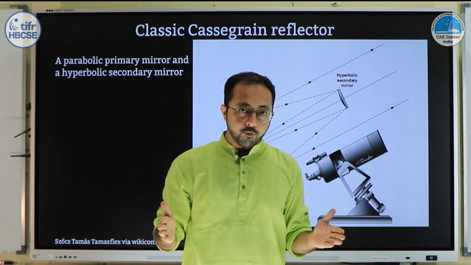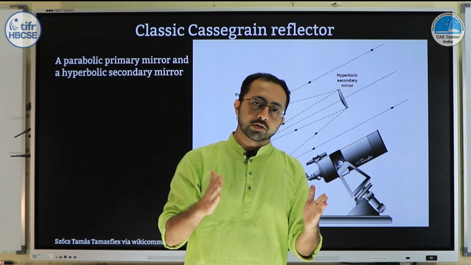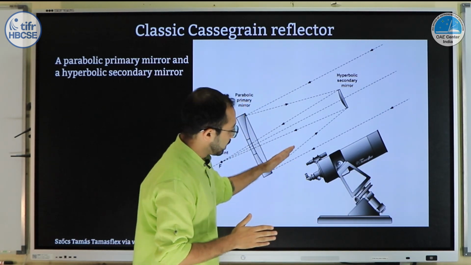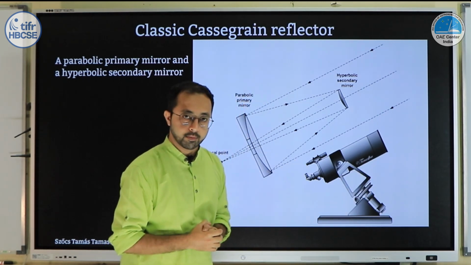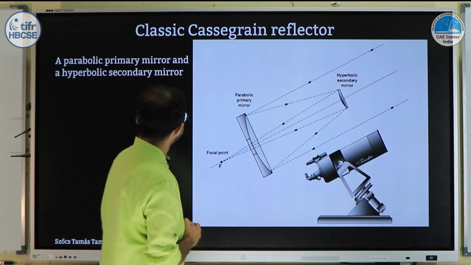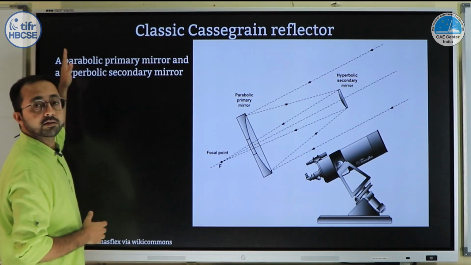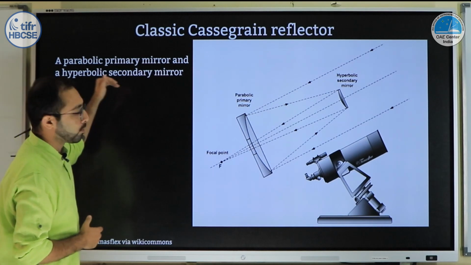So, a larger focal length with a reduced size of tube is what the Cassegrain telescope gives us. Alright, remember, it has a parabolic primary and a hyperbolic secondary mirror.